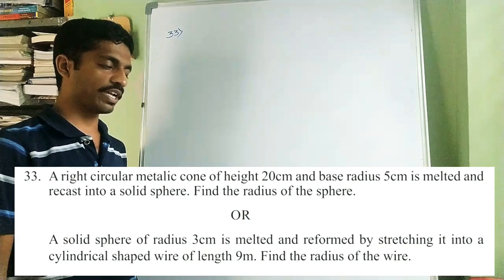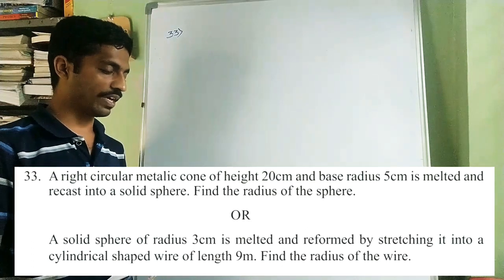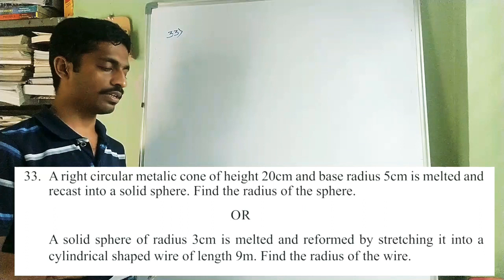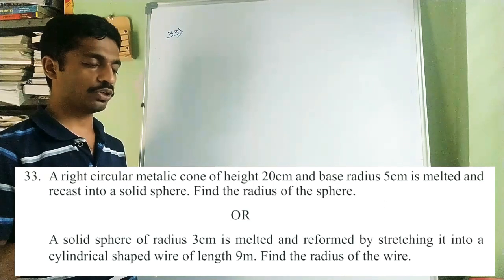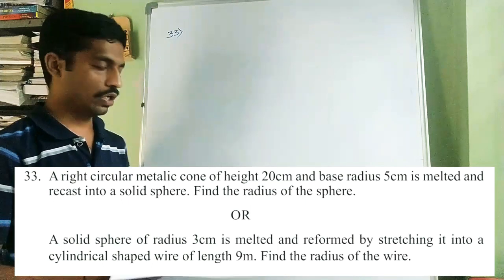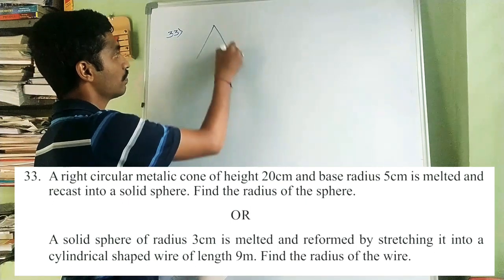A right circular metallic cone of height 20 centimeter and base radius 5 centimeter is melted and recasted into solid sphere. Find the radius of the sphere. Okay, so here they used one cone.